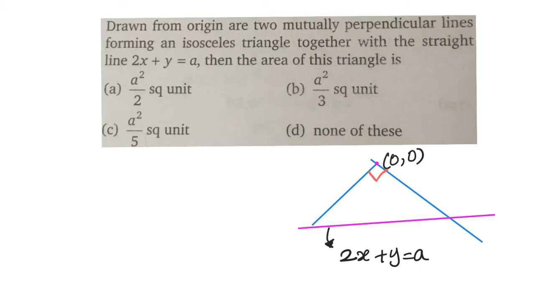Now we know a point, the origin, and we know the line 2x + y = a. Can we find out this perpendicular distance? Easily, we can, because we know the formula to find the distance of a point from a line.